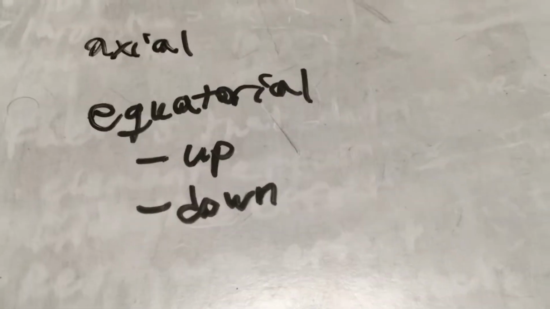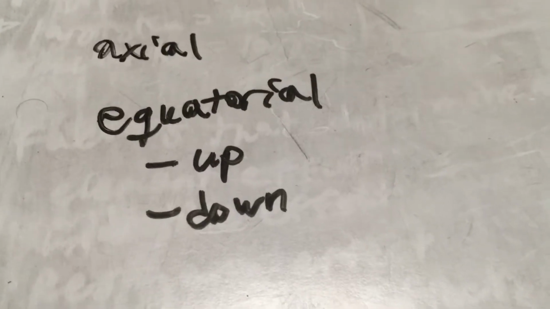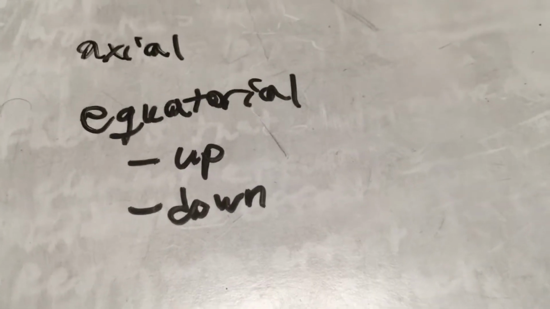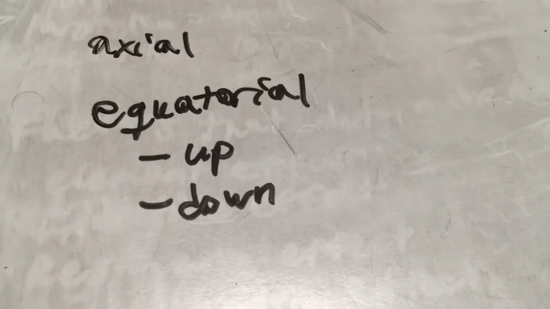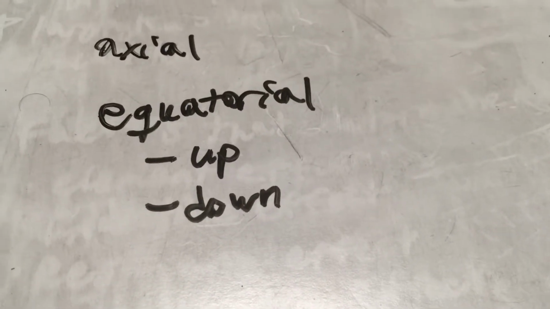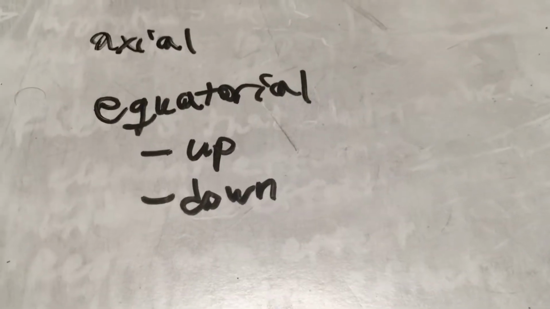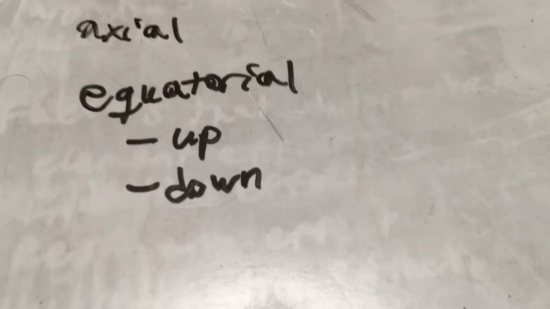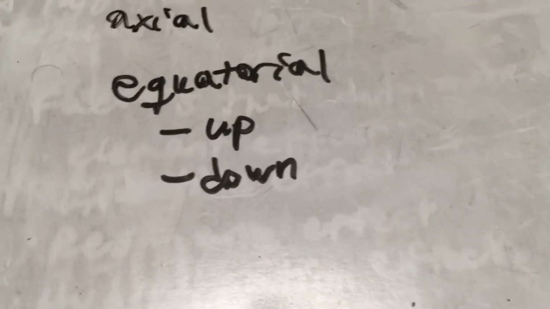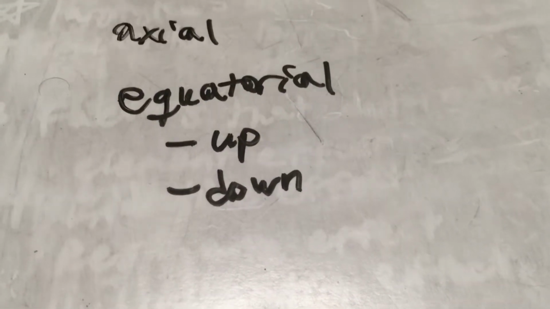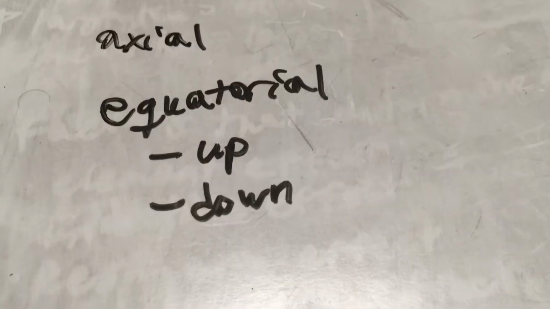But if equatorial was up before, it's going to stay up. It'll just be axial, pointed up. And if it was pointing down, then it's going to be axial but pointing down. So the direction of up or down stays the same. It just changes the orientation of axial.